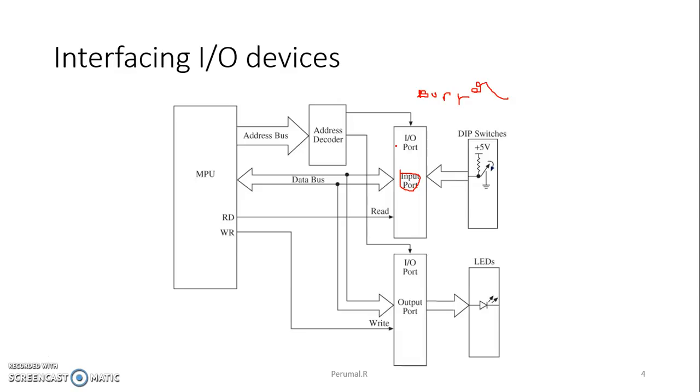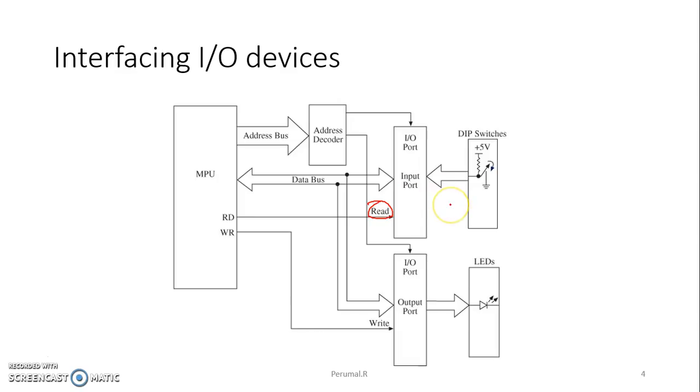The microprocessor will generate a control signal, that is the read control signal, and this read control signal will enable this input port. Now whatever data is available at the dual inline package will be stored in the input port and it will be moved through the data bus to the microprocessor.